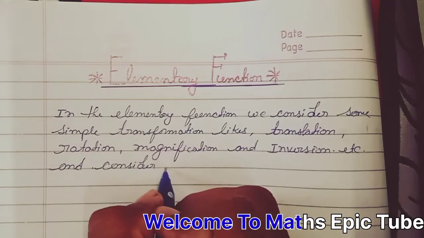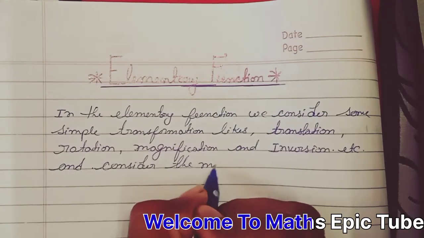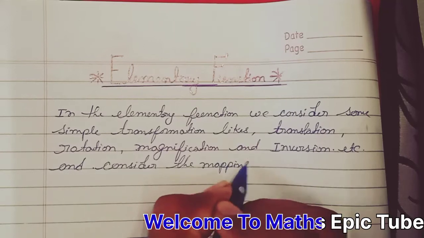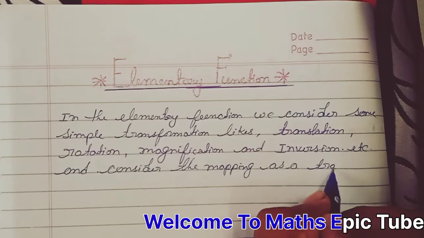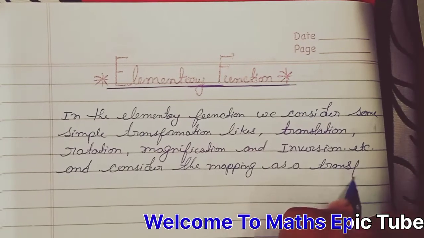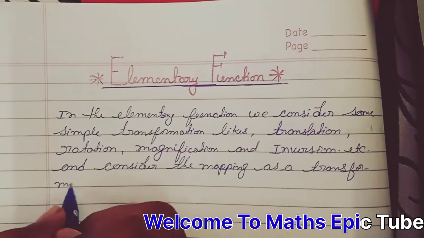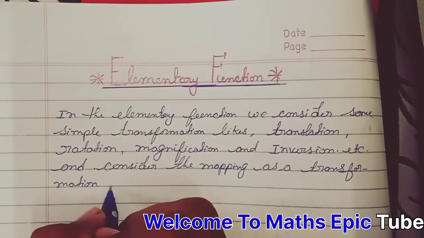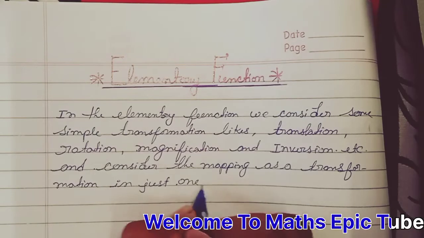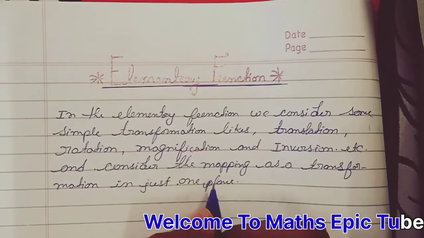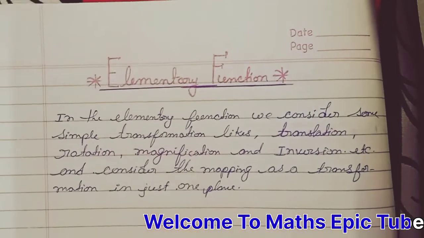And consider the mapping as a transformation in just one plane. One plane means z plane or omega plane.